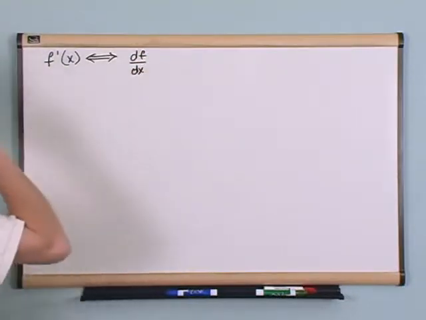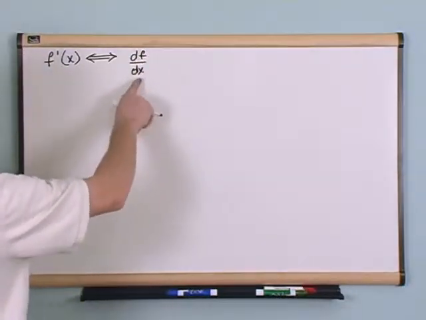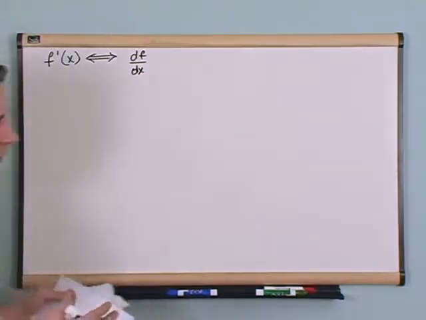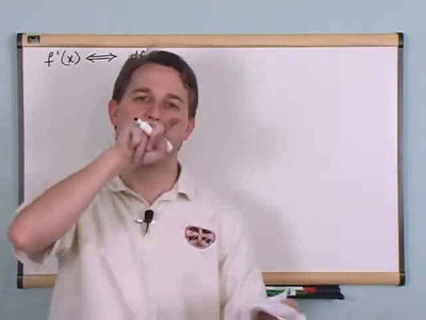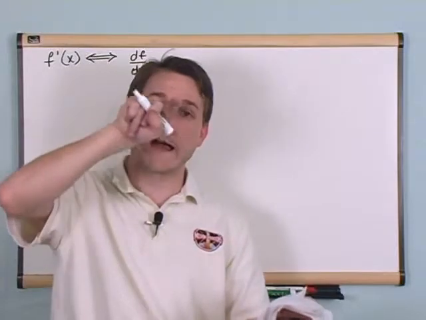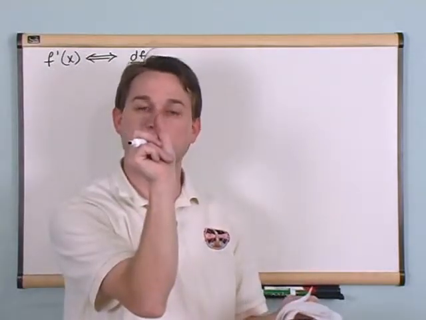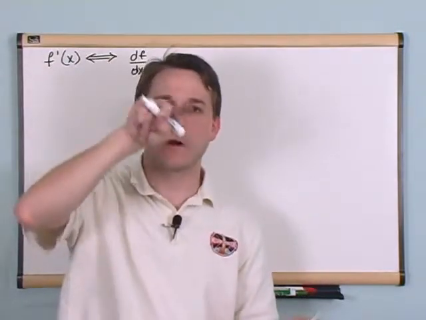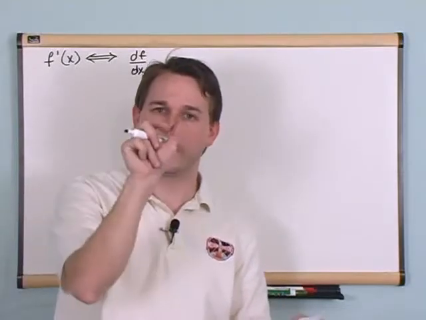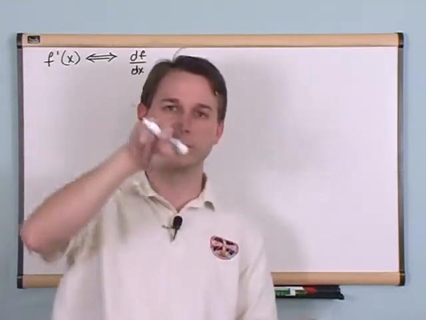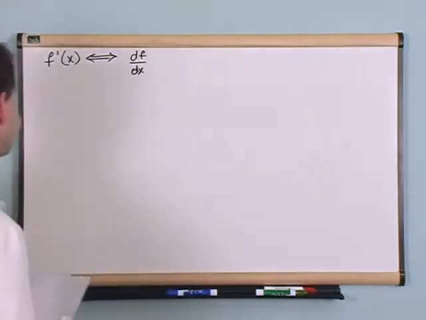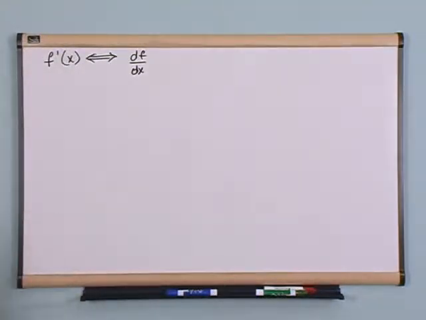Now this means I'm taking the derivative of the function f with respect to x. It just means I'm looking at how f changes at a point, with respect to how x changes. It's kind of like that rise over run thing. You've got to compare it with how x changes so you can judge the slope. So that's the basic thing.